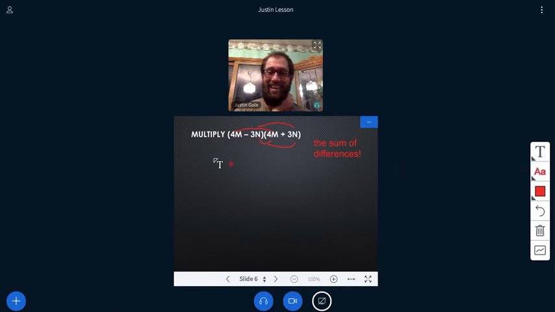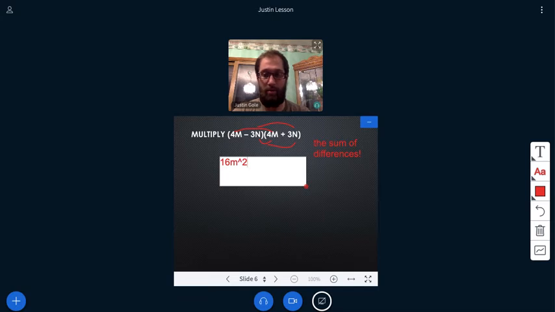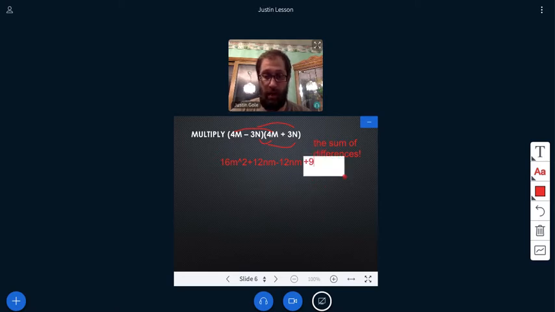So what we should get here is 16m squared plus 12nm minus 12nm, plus 9n squared.